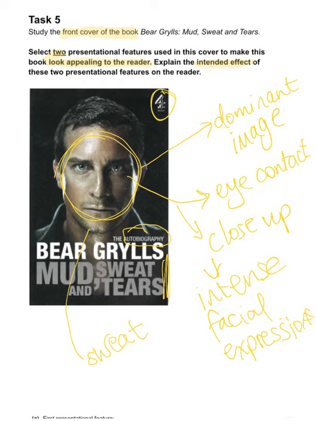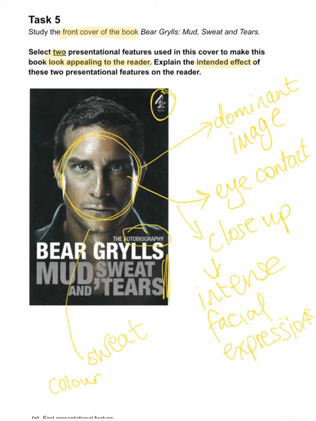The second thing that strikes me is the colour of the background, the colour of his shirt, the colour of his hair, the colour of his eyes, the colour of his name, the colour of the title of the book. And they're all dark, heavy, black, silver, grey, white colours.